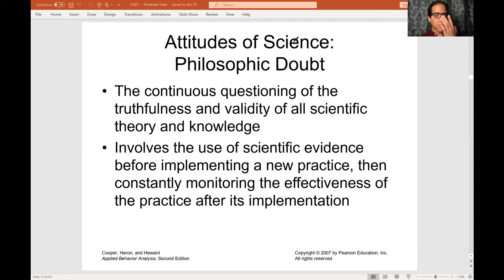You always have to have some healthy skepticism. And that might look like tracking your data, making sure that what you're doing is going to be beneficial for your client and not just relying on the procedure, but tracking to see what the effects of this procedure are. How is the dependent variable that we're looking at going to change with this independent variable?